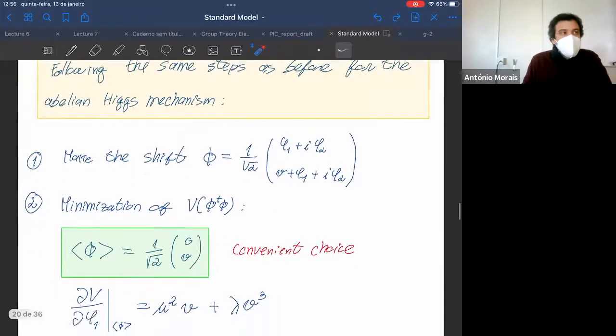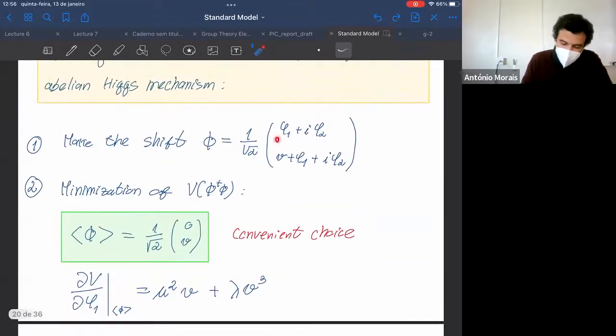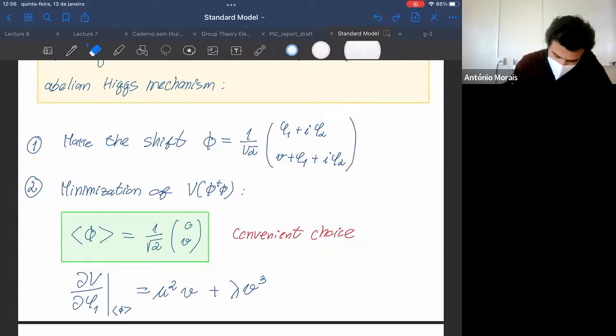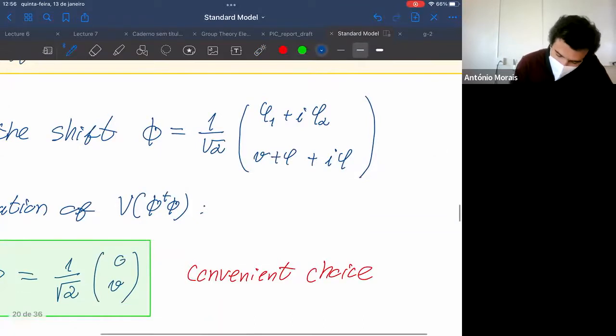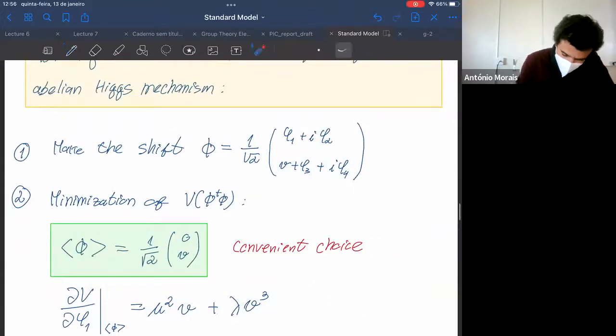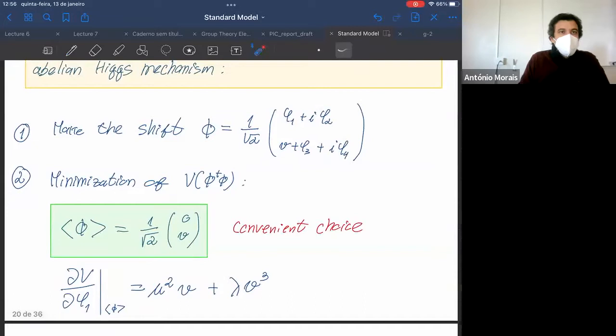This is a convenient choice. You could have even v1 plus i v2, no, this is 3 and 4 here. It should be 3 and 4. You can have a completely generic vacuum here, and it will be the same, because if you have a generic vacuum, you can apply SU2 rotations via combinations of Pauli matrices and rotate back to this, which means that this is only an orientation of axes.